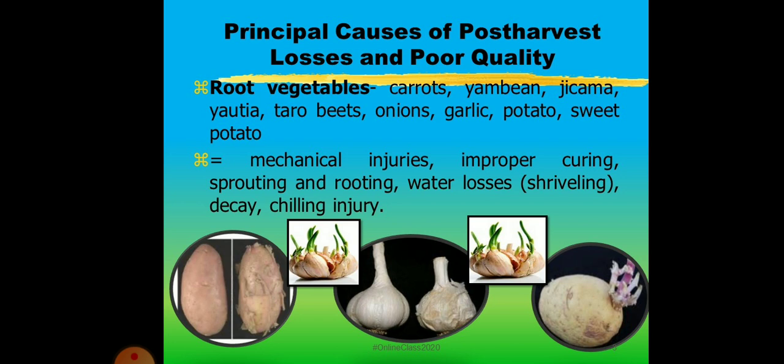Some observed losses in these commodities are as follows: mechanical injuries, improper curing, sprouting and rotting, water losses or shriveling, decay and chilling injury. We'll discuss the losses one by one.